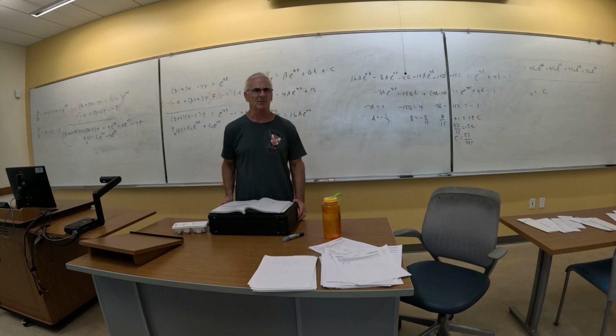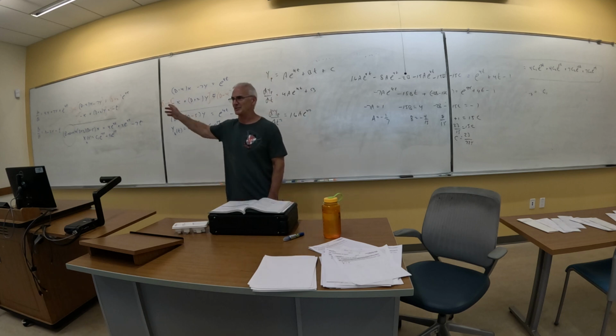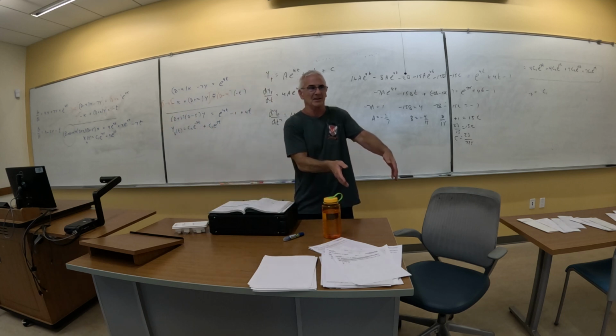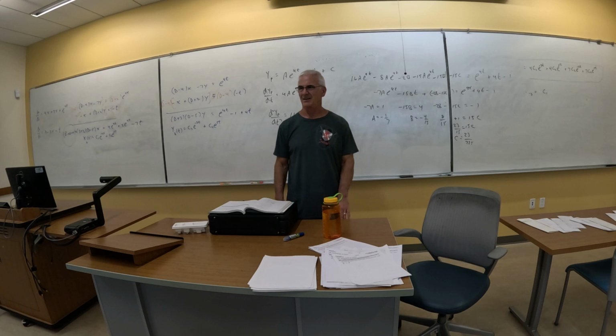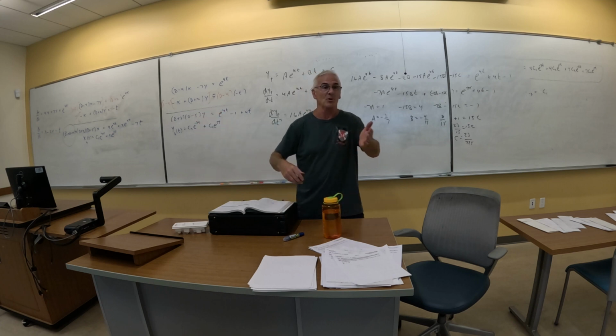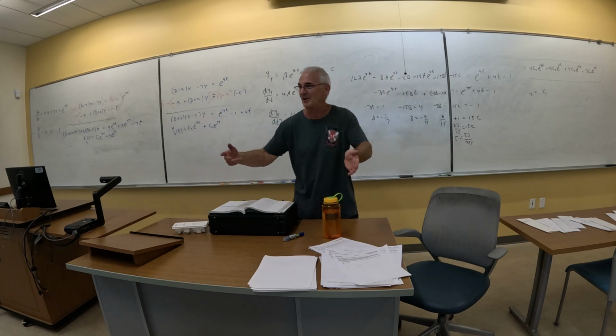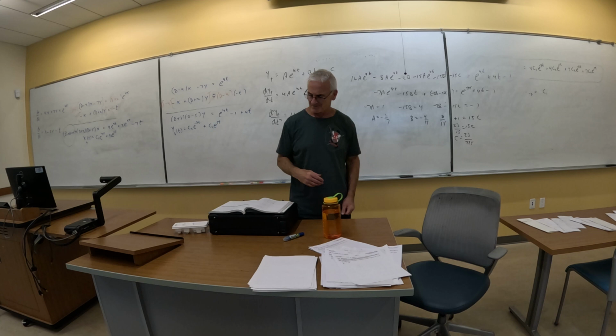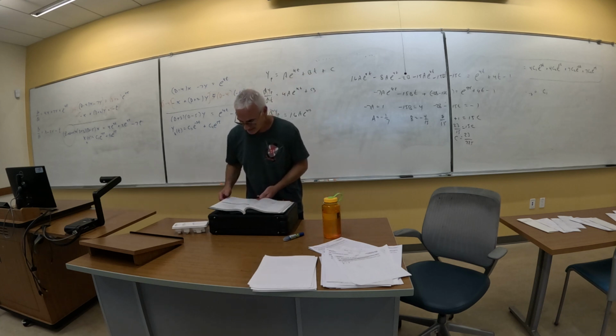I'm going to avoid that problem like the plague, because you can't do the differential equations if you can't get past the algebra step of factoring. That's why I don't need to go past second degree, unless we get lucky and have a third degree polynomial but no constant term. Then we know it's a fairly simple factorization. But I don't want to rely on that, okay? Let's do another one.